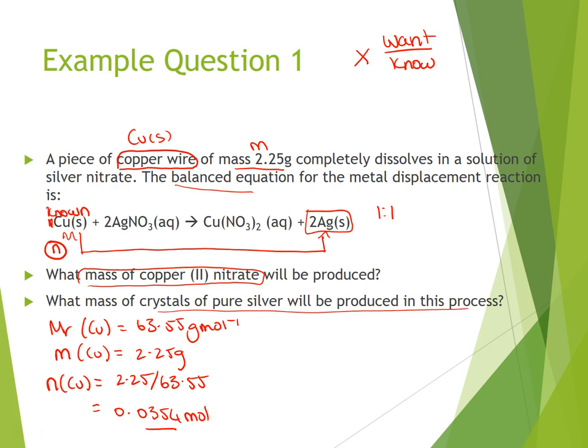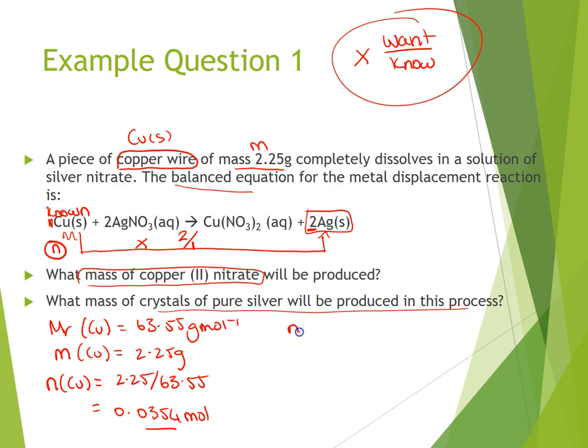In this case, I need a new ratio, and 1:1 isn't going to work. But if I apply this theory, I can multiply by a factor of what I want, which is now 2, by what I know, 1, and that means I'm going to multiply my number of mole of copper by 2.